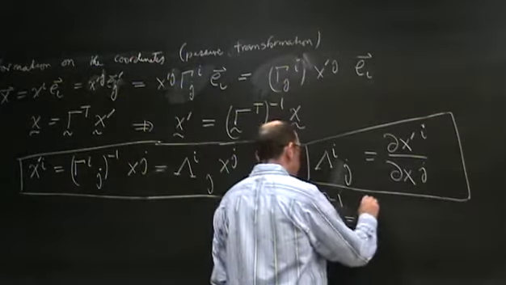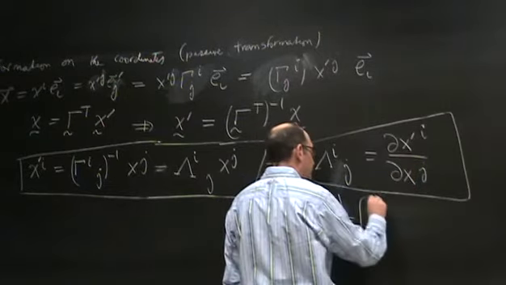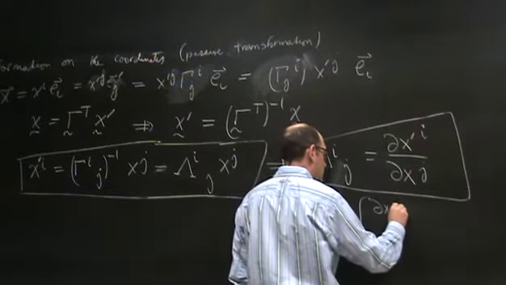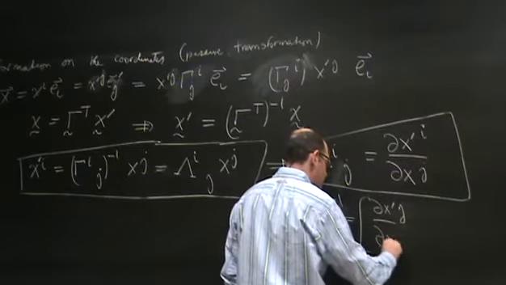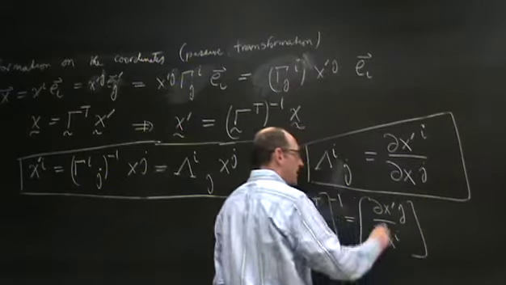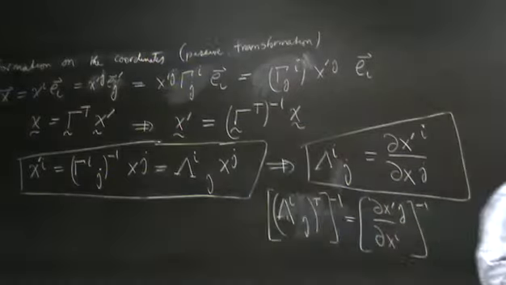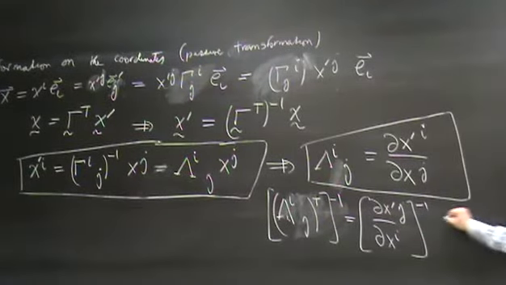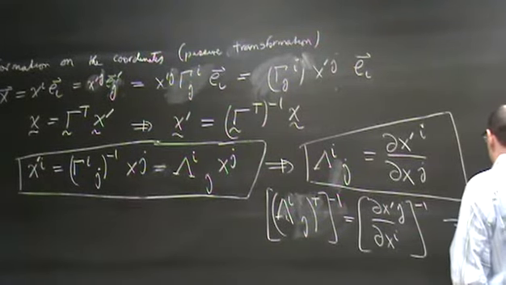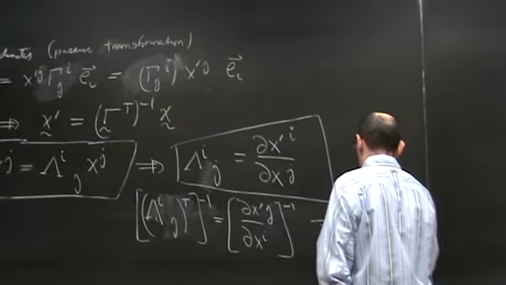The transpose is switching j and i. And then I'm going to take its inverse, and the inverse, of course, is just 1 over these derivatives.